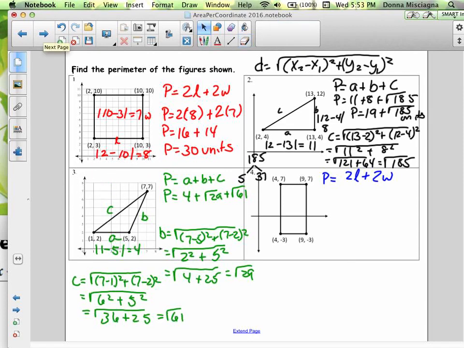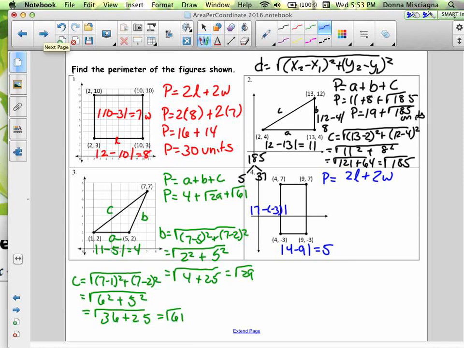Let's look at the last one here, and I think this one's probably one of the easiest ones. The length of this side here is the absolute value of the difference between 4 and 9, which is 5. And the other dimension, I'm going to write over here: the absolute value of the difference between 7 and negative 3.